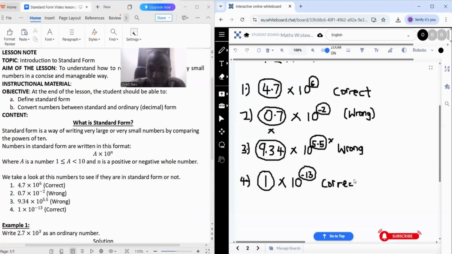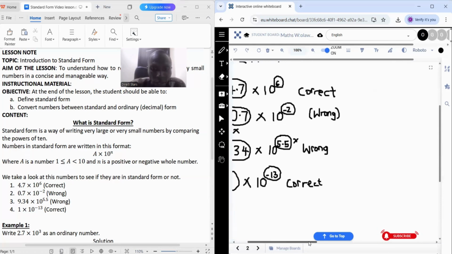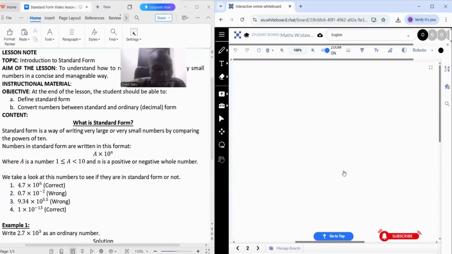So the next thing that we'll be looking at now is writing numbers in standard form in ordinary form. We have two examples here. Let's look at the first example. Here we are asked to write 2.7 multiplied by 10 raised to the power 3.